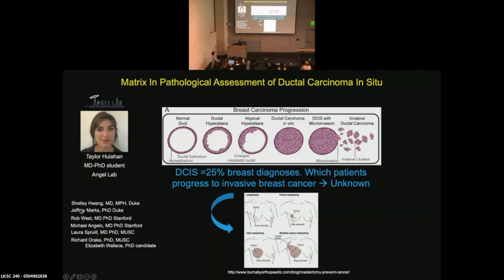And I want to also mention that this is an extremely talented team that we are working with that includes people from Duke, Shelley Huang, Jeffrey Marks, people from Stanford, Rob West, Mike Angelo. We have another pathologist at MUSC, Rick Drake's group working on the glycans, and Elizabeth Wallace, his student.